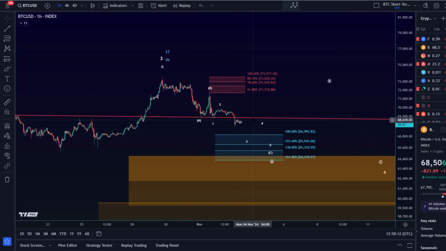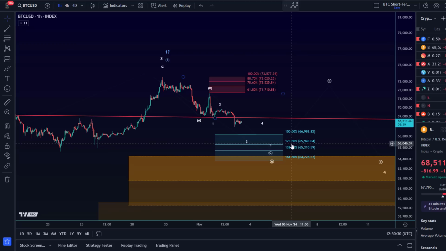I already mentioned in the last video, which I made before we actually broke lower, that because of that weakness and that 3-wave move up, I already shared with you the support areas that we need to watch if the price really goes lower.